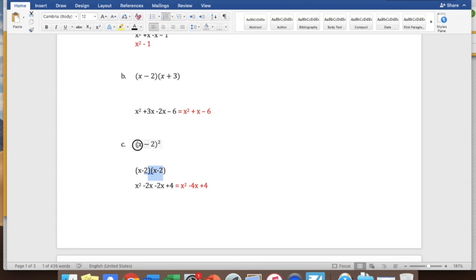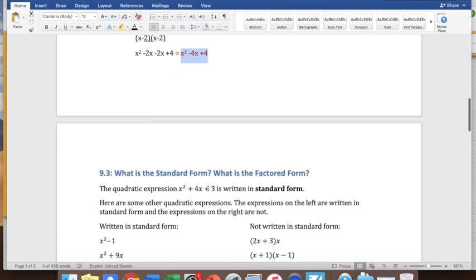You have to actually say x minus 2 times x minus 2, and then distribute from there. So x squared, x times negative 2 is negative 2x, negative 2 times x is negative 2x again, and then negative 2 times negative 2 is a positive 4. So I get x squared minus 4x plus 4. So hopefully that's going pretty well for you. Shoot me an email with questions, and then we can move on to the next part of the lesson.